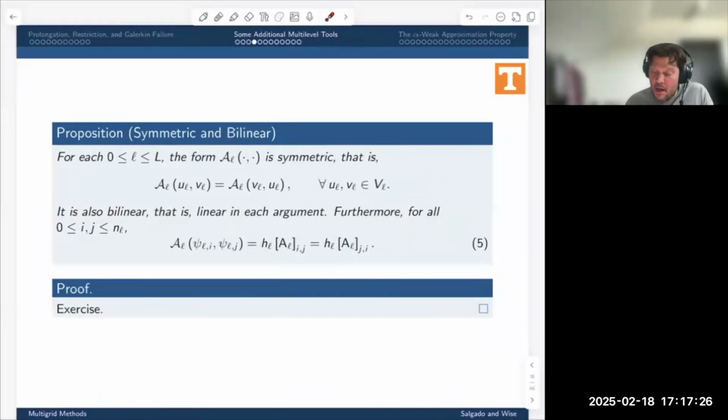Finally, for all, actually, this is not quite right here. There's a typo. That should just be 1.